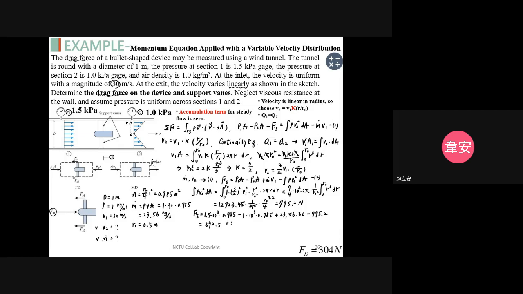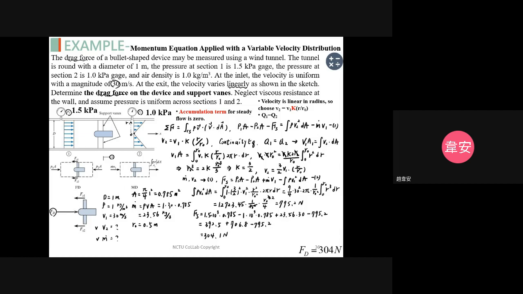So this is plus 706.8, and then finally minus 795.2. Okay, so just making the balance, the answer is around 304.1 Newton. So this is the support force, 304 Newton.